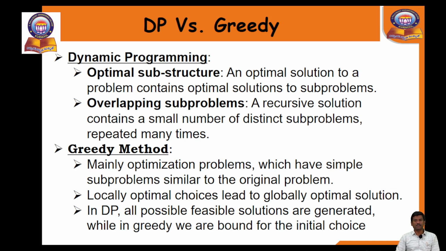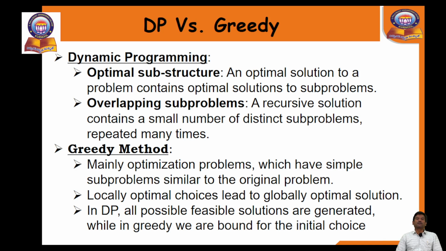And overlapping subproblems means a recursive solution contains a small number of distinct subproblems, which may be repeated several times. We have seen the same example with the Fibonacci series, given by Fibonacci of n equals Fibonacci of n minus 1 plus Fibonacci of n minus 2.